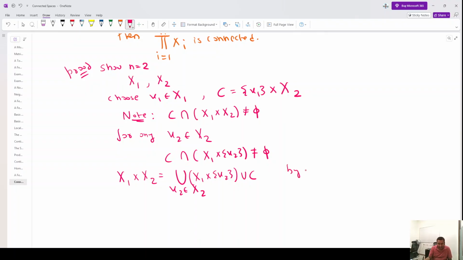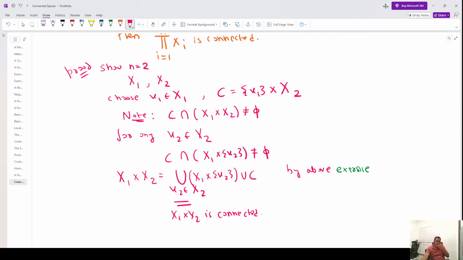And by the above lemma, or sorry, corollary we call it, by the above exercise because I have given, what you get? You get this is connected.